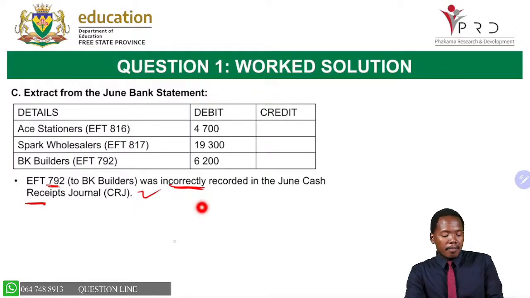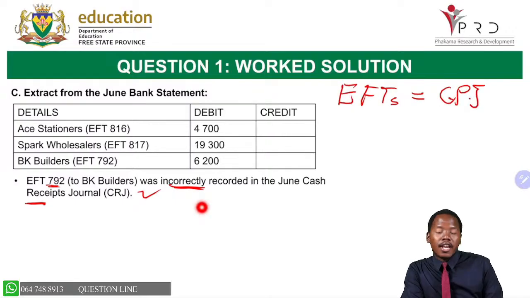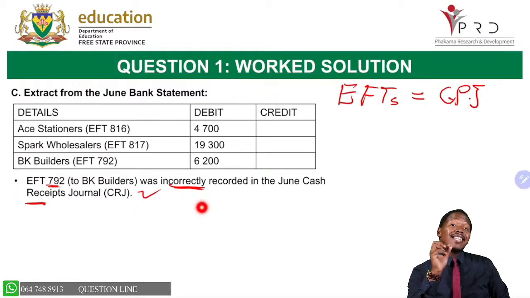Because it's an EFT, remember, all EFTs must be entered in the cash payment journal. But what did we do? We entered this EFT under the cash receipt journal.